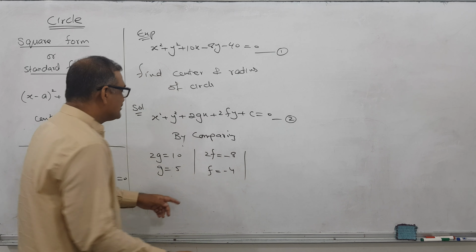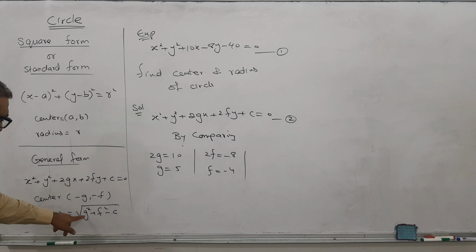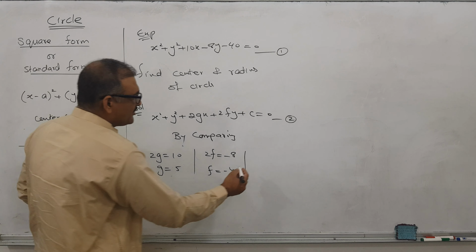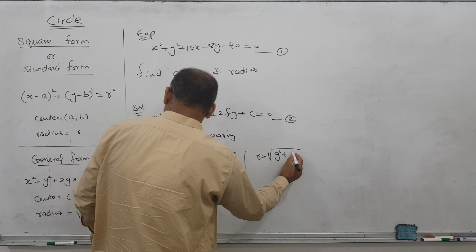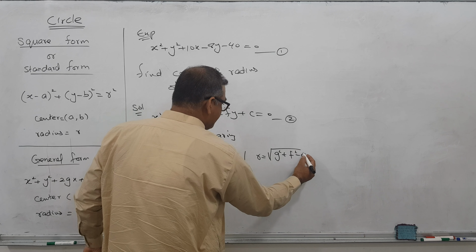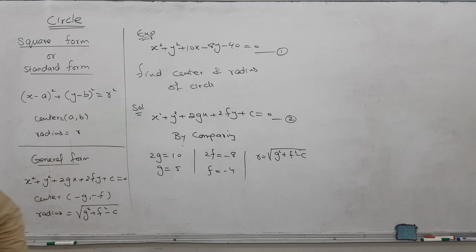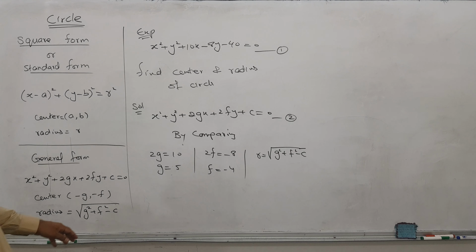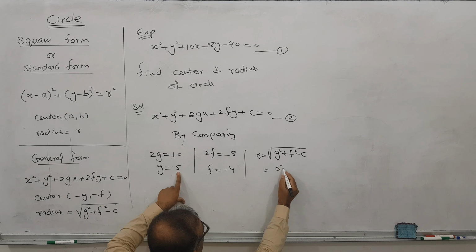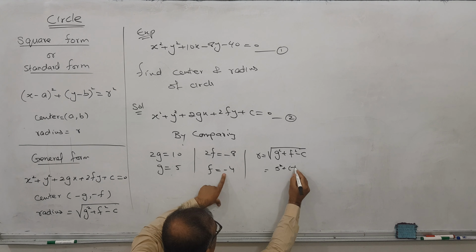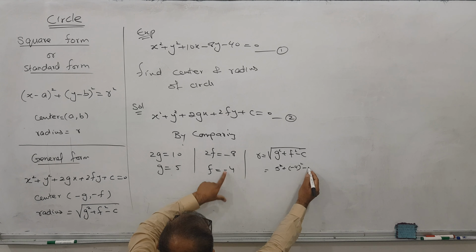Now I'm going to discuss the last part, the radius. So how to find the radius? You know the radius formula: square root of g square plus f square minus c. The g value we can see here is 5, so 5 square plus minus 4 square minus the c value.